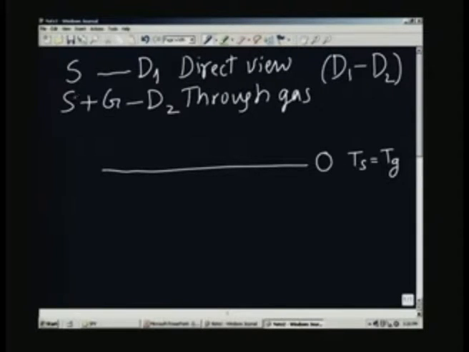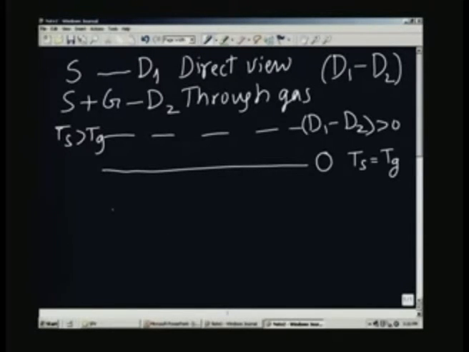If T s is greater than T g, we know that the direct view D1 will be greater than D2, so this will be positive. So, D1 minus D2 is greater than 0 if T s is greater than T g, and I can show another line here: if T s is less than T g, then D1 minus D2 is less than 0.